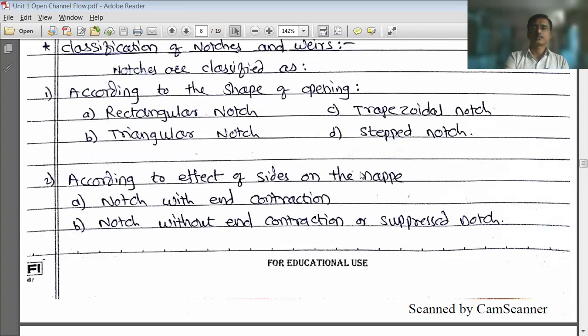Second classification, according to the effect of sides on the nappe: notch with end contraction, notch without end contraction, or suppressed notch.